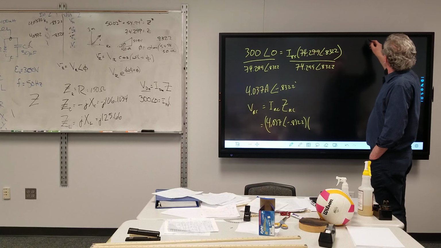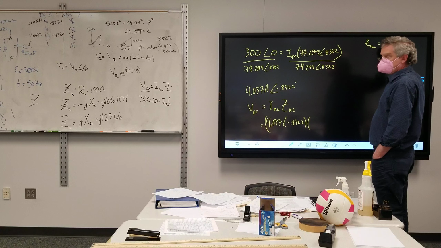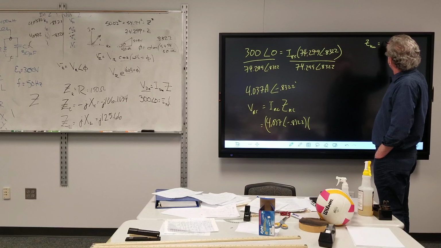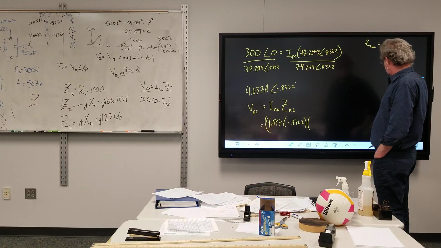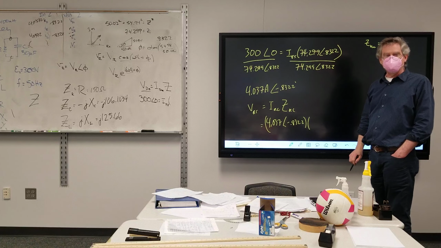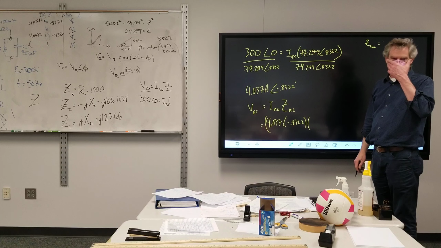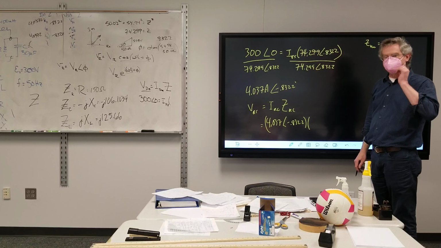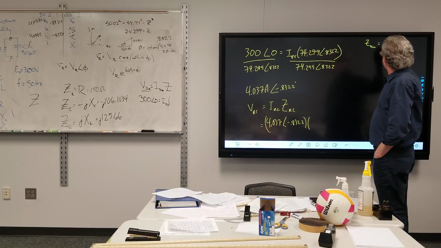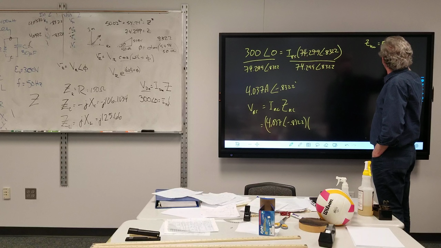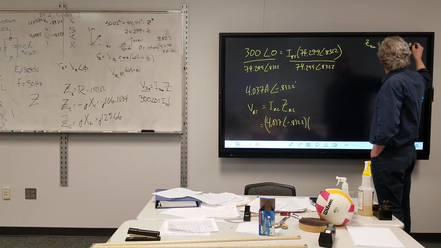What was my Z for RC? Is it the 150 or the 106.34? No, it was the combined, after we added them. We did the sum of the reciprocals. So 50.02 plus 54.94j? Is that right?